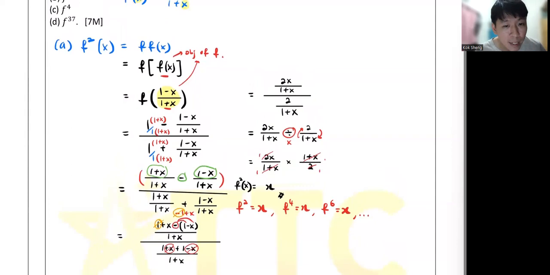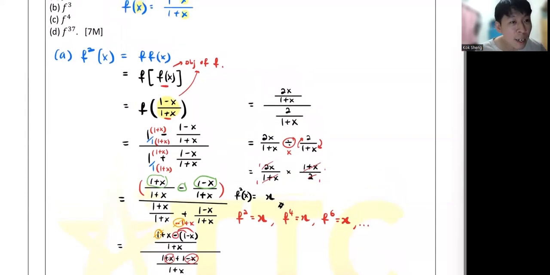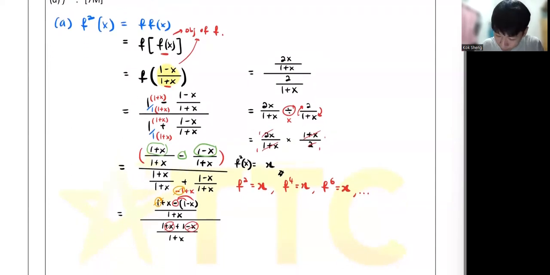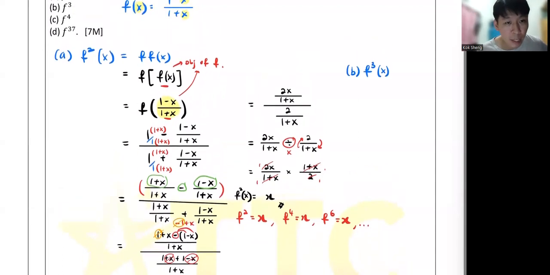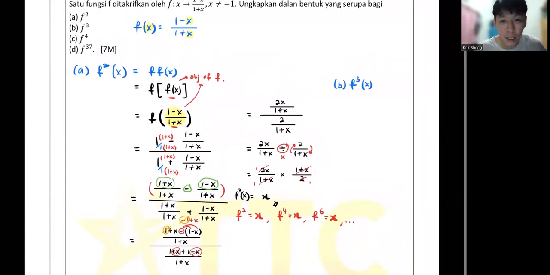After we find this x, okay, the next one is what? f cubed. Okay, so now the next one, f cubed x, I make it smaller a bit. From here, for f cubed x, we no need to go through f three times.